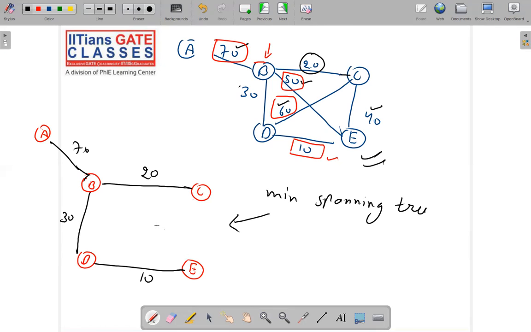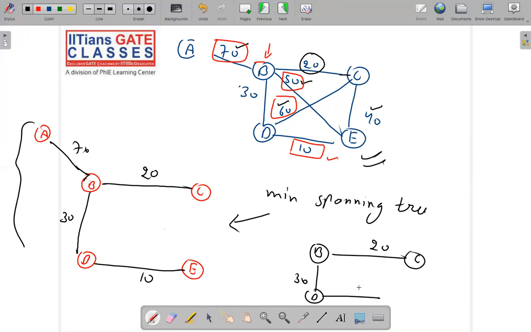There is one basic question already asked: at any point in Prim's algorithm, once we started with B, our minimum spanning tree goes like this. First we entered this 20, then we considered this edge D, then this edge E, then this edge 70.